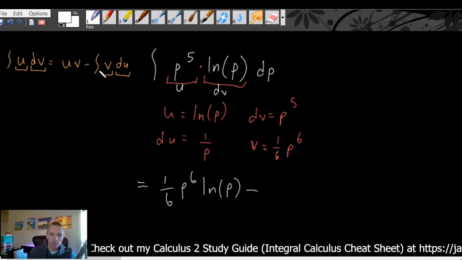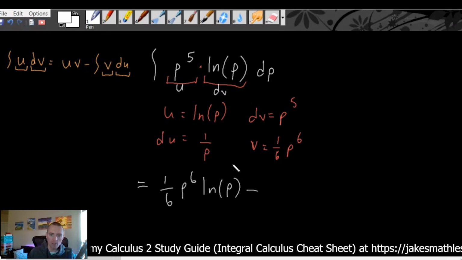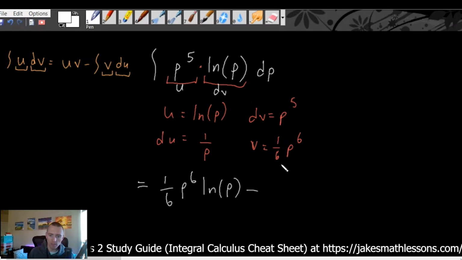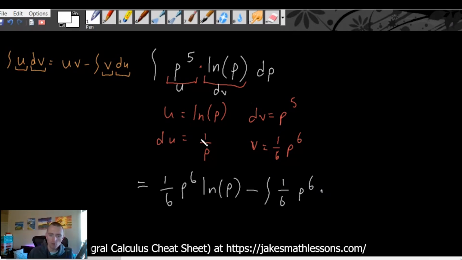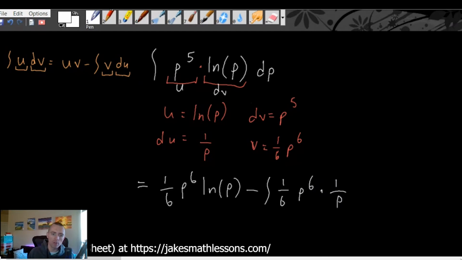minus the integral of v times du. So minus the integral of 1/6 p to the 6 times du, which is 1 over p. And this is what I was getting at earlier about the derivative of ln p conveniently simplifying down with the antiderivative of p to the fifth, because now we have a p to the 6 times 1 over p.